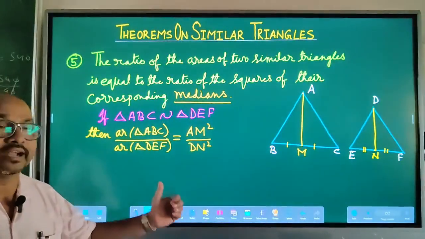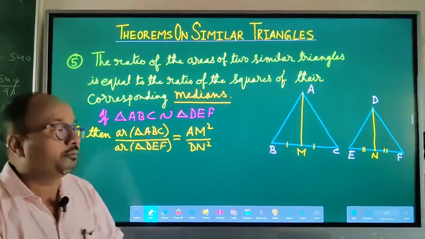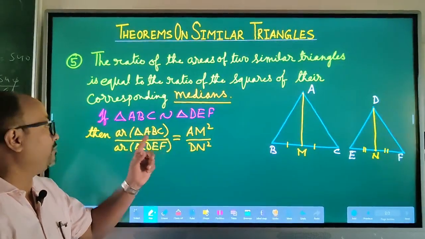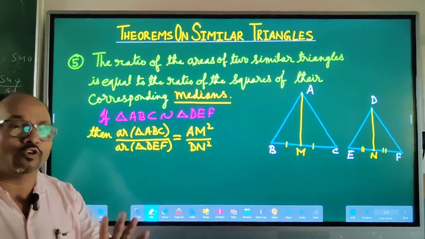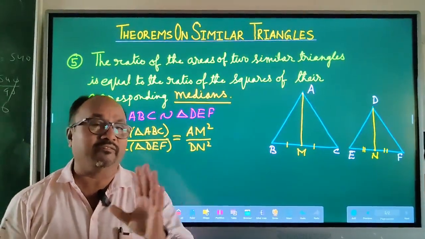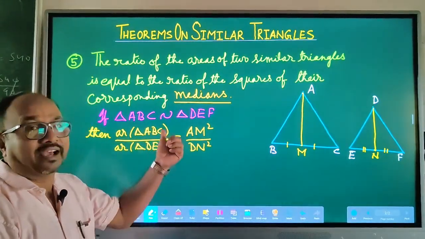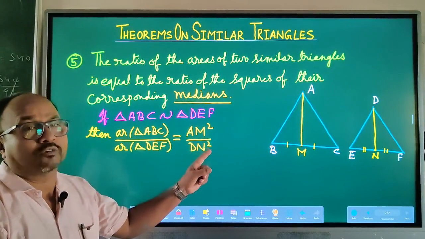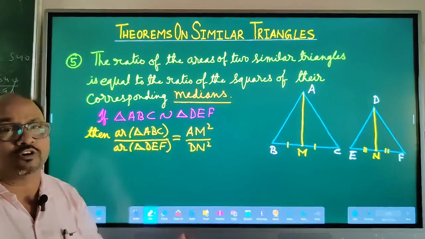When you get sums based on this theorem, it will be very easy, because it will be the involvement of the two areas and the medians. So four things are involved, out of that three will be provided, you have to find the fourth one. Or if only the areas are provided, you will be asked the ratio of the medians, or if medians are provided, you will be asked the ratio of the areas.